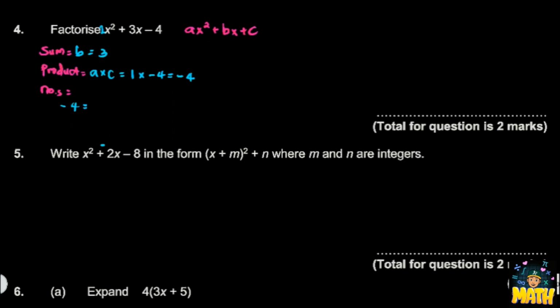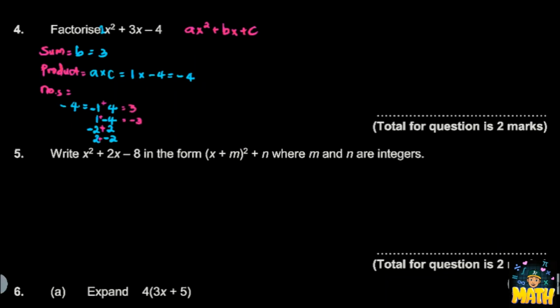So I'm to find the numbers from the product, which is negative 4. So list out all the possible factors of 4, or rather negative 4, and then add them together to get a pair that will give you a sum of 3. So that's what I'm going to do.